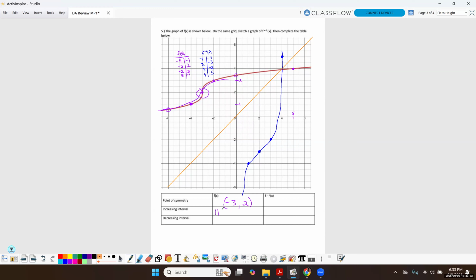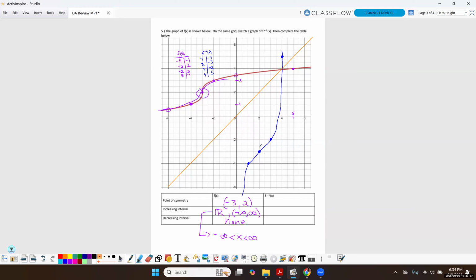So I'm going to say all real numbers. You could also write this -infinity to +infinity. You could also write this -infinity is less than x is less than infinity. Now, for decreasing interval, this graph is always going up. So I'm just going to write none.